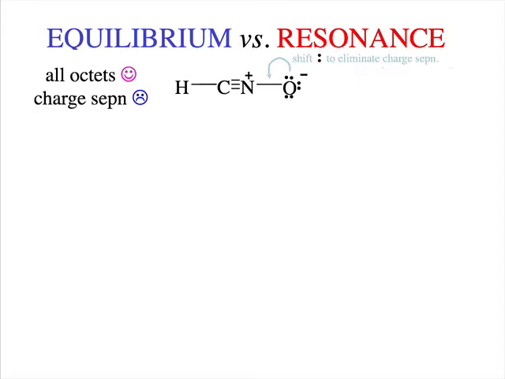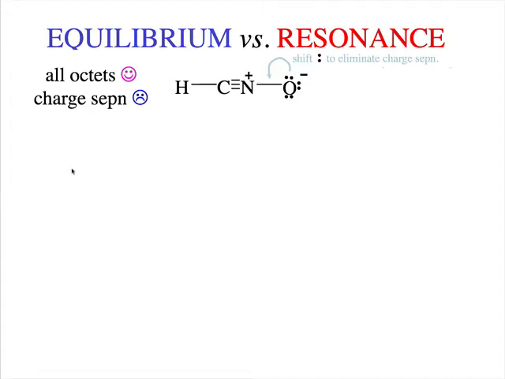Now, we can fix this problem, okay? Notice that oxygen, as drawn here, has 1 bond and 3 lone pairs, and that gives it a negative charge. But recall from last lecture that neutral oxygen wants 2 bonds and 2 lone pairs.